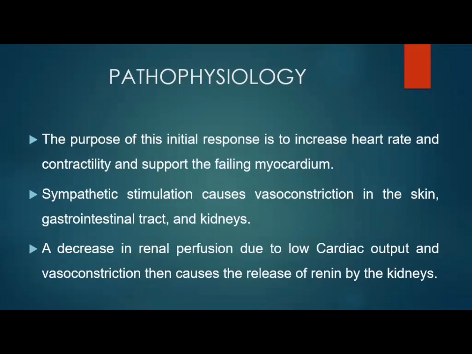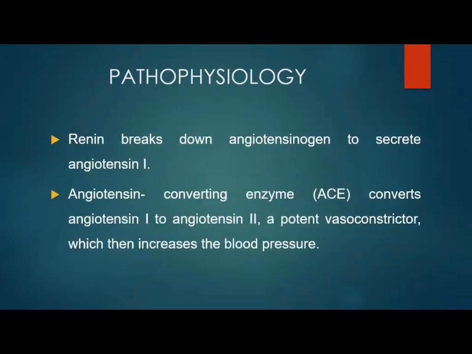Because here we have hypoperfusion of the kidney, reduced renal perfusion due to the low ejection of blood by the heart, there will be release of renin by the kidneys. When the kidneys release renin, renin will break down angiotensinogen to release angiotensin 1.